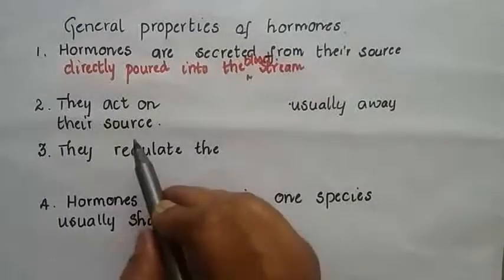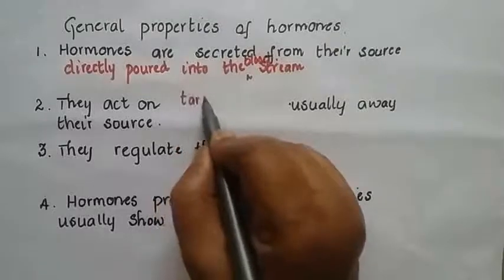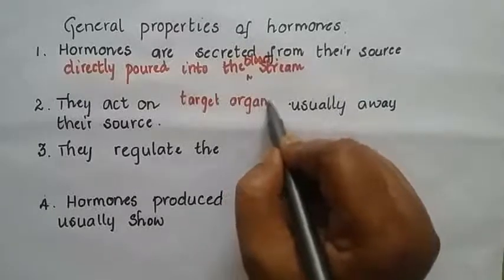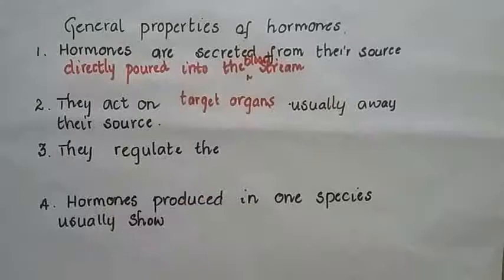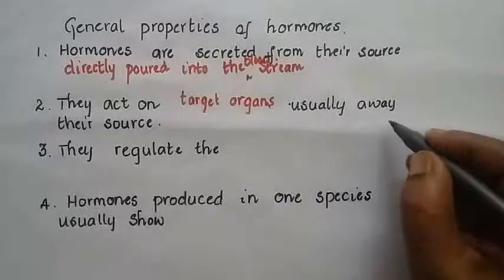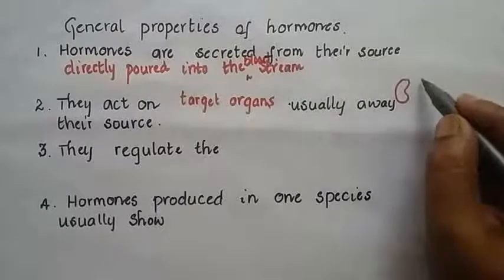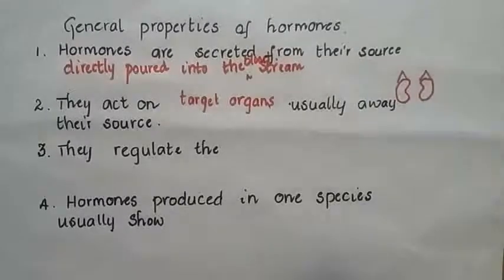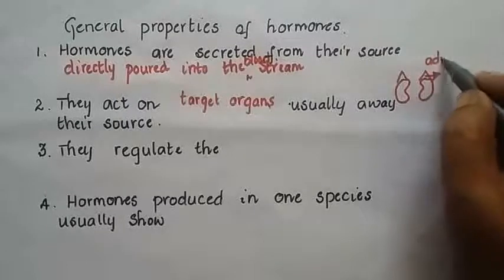Okay. Now, they act on the target organs. They act on the target organs usually away from their source. Children, let me give you one more example. Just recall, just above the kidney we find the adrenal glands, which secrete adrenaline.